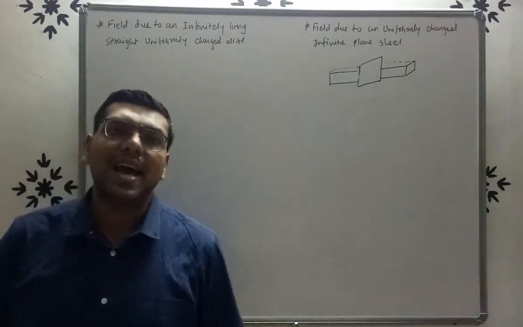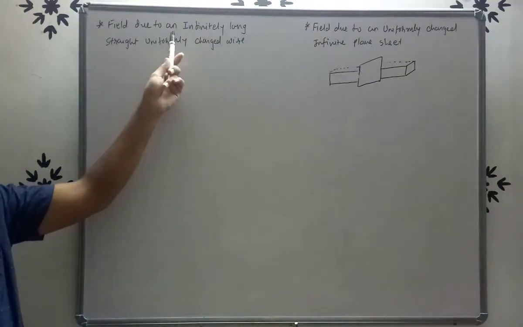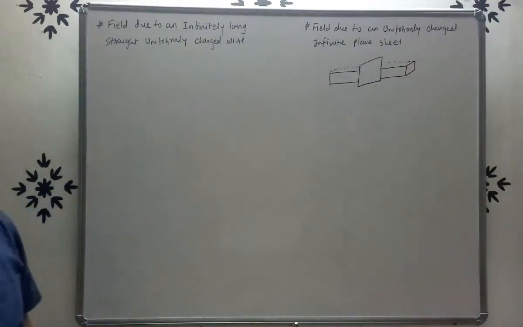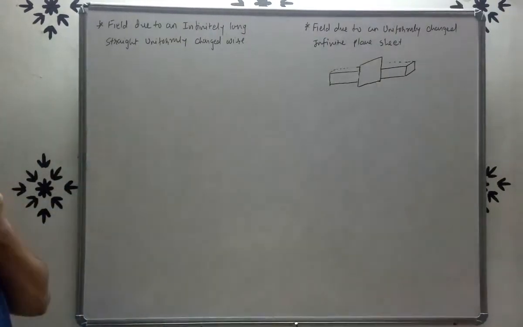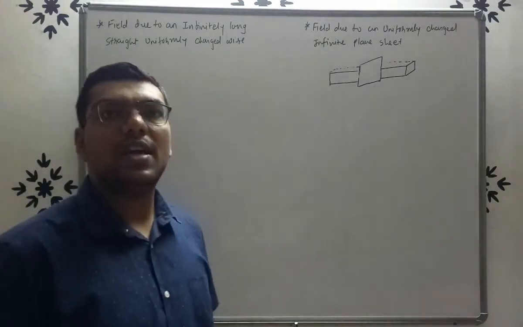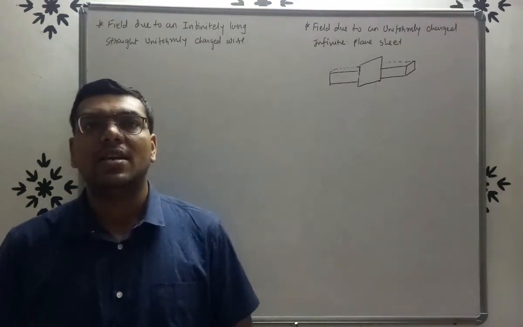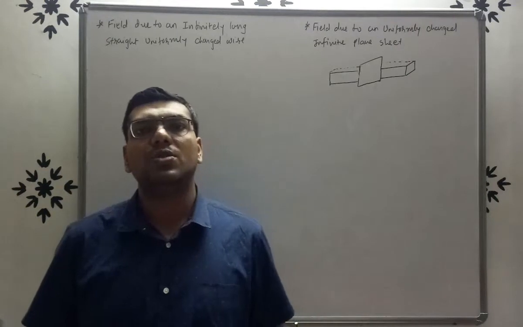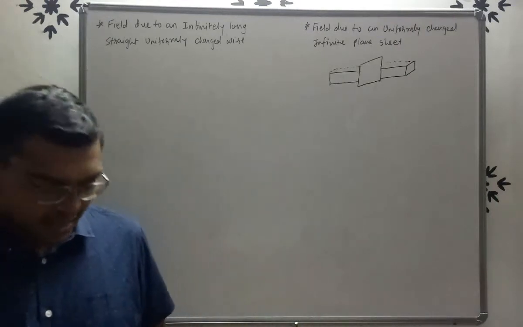The question will be asked like this: obtain the expression of electric field due to an infinitely long straight uniformly charged wire. Right. So here we have to consider a wire which is uniformly charged and has infinite length. Since length is involved, we have to use the linear charge density, right?